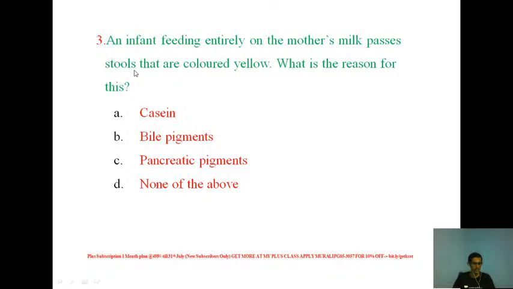The fecal matter of this child becomes yellow in color. So what is the reason behind this yellow color of the stool? It is because of casein, bile pigment, pancreatic pigments, none of the above. So which is the right answer?